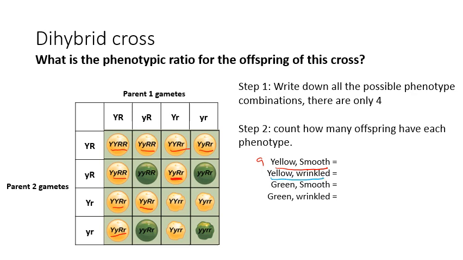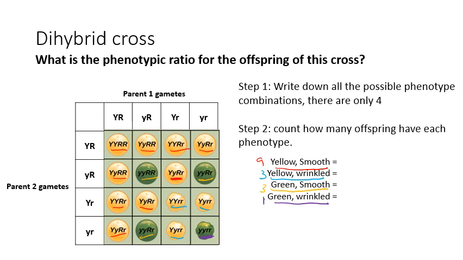Yellow and wrinkled, we've got 1, 2, 3. Green and smooth, 1, 2, 3. And then green and wrinkled, just one in the corner there down the bottom.